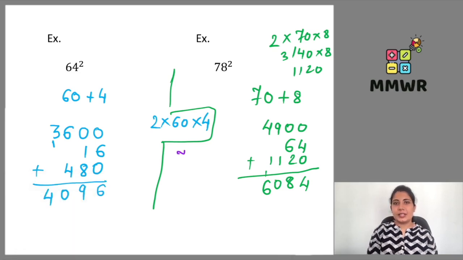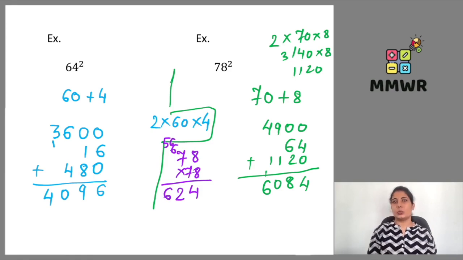Yes. So 78 multiplied by 78. 8 8s are 64. 8 7s are 56. 56 plus 6 gives me 62. Now 7 8s are 56. Carry over 5. 7 7s are 49. 49 plus 5.